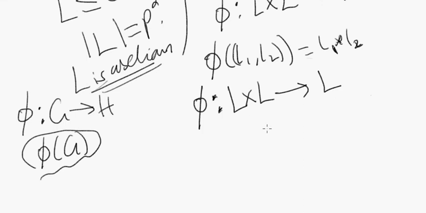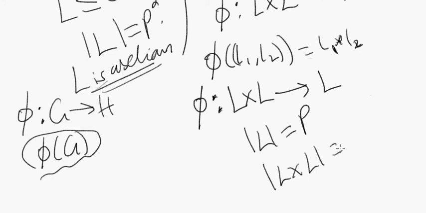But how can this be an isomorphism? What's the order of L? Isn't that p? What's the order of L cross L? Isn't that p squared? So how can phi be an isomorphism, at least from L cross L to L?